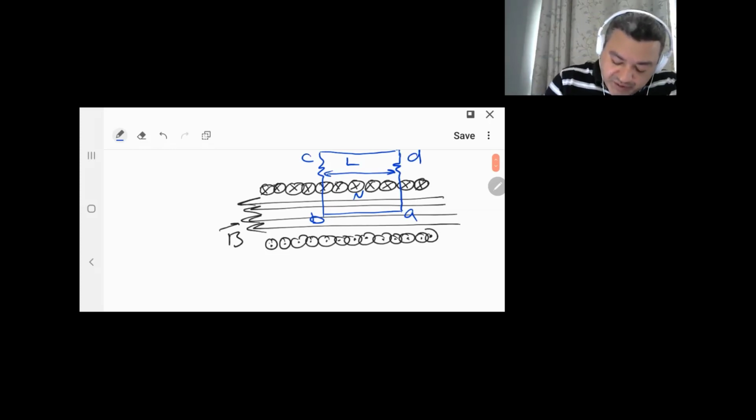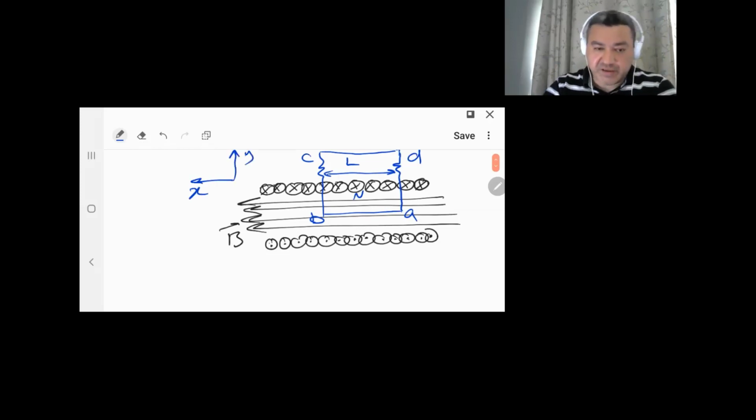Before I do this, I need to pick my coordinates. I'll pick x in this direction, y, and in this case, x cross y is going to give you z entering the page. So positive is entering into the page.